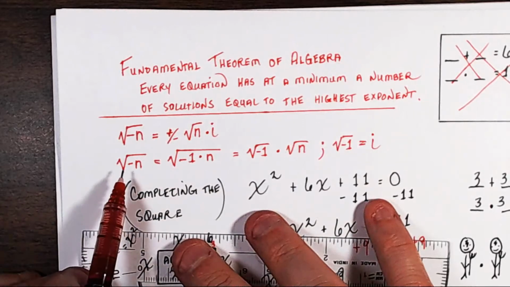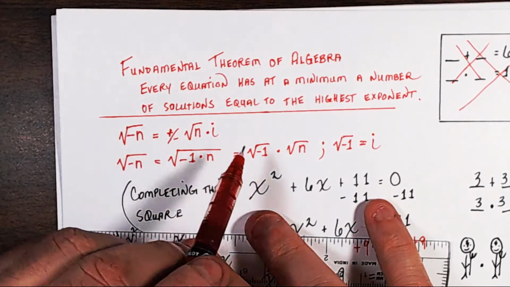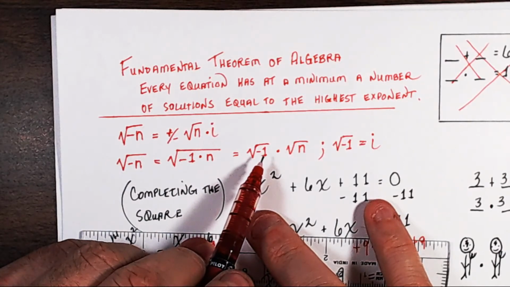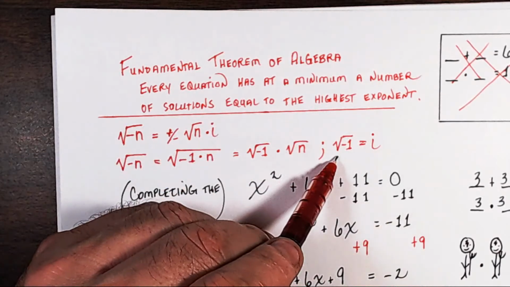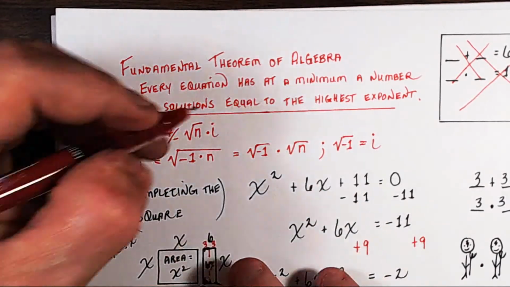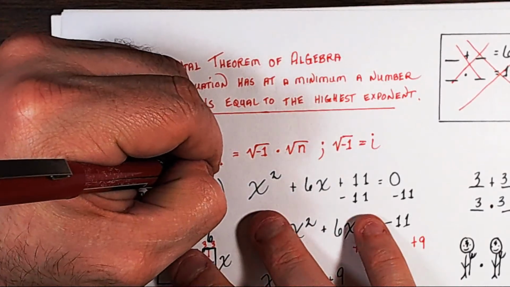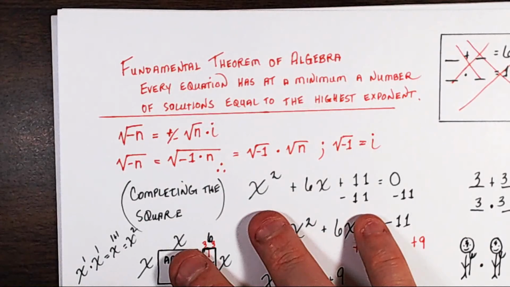So what we did here is we took negative n, broke it into two pieces, negative 1 times positive n, split up the square roots, square root of negative 1 times square root of n, and then we wrote this. The square root of negative 1 equals i. Therefore, that's what those three dots mean.